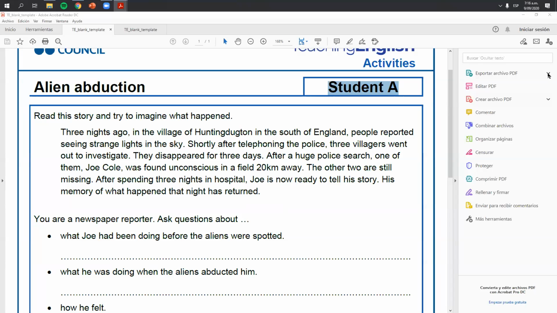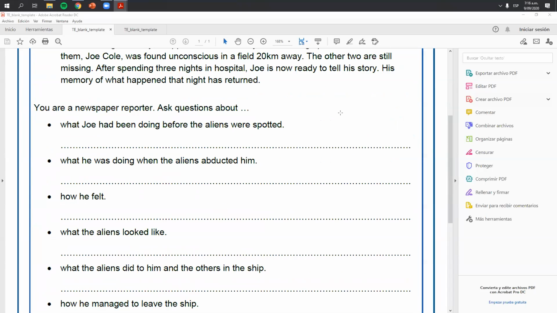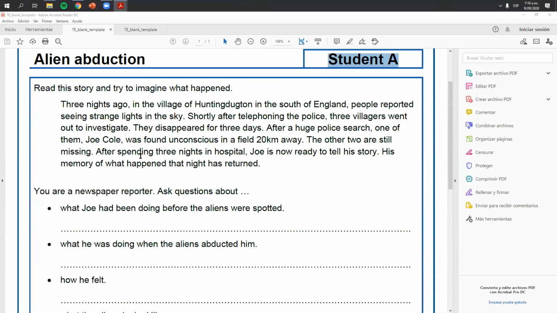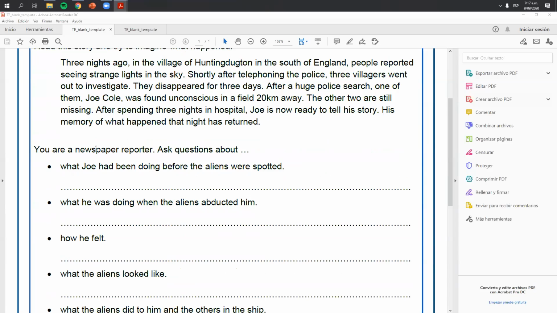Okay, guys, so that's essentially the setting of the story, and you are going to make the role play. As you can see, in the case of student A, you have some instructions, so you have to make the questions. For instance, it says, student A, you are a newspaper reporter.